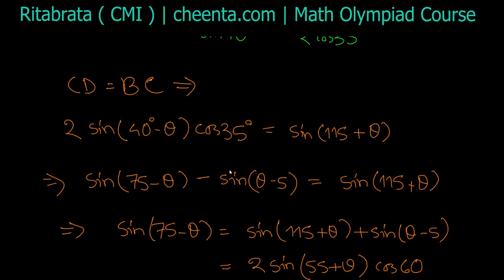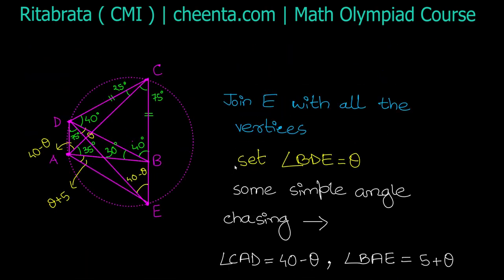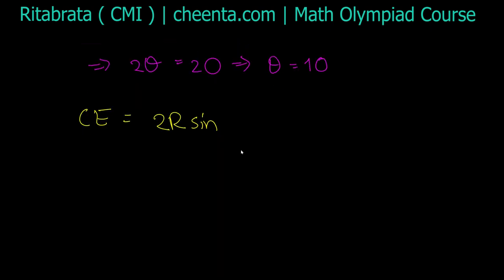So CE is 2R times sine of angle CDE, and that is 50 degree, like 40 plus theta. So this is 2R sine 50 degree.